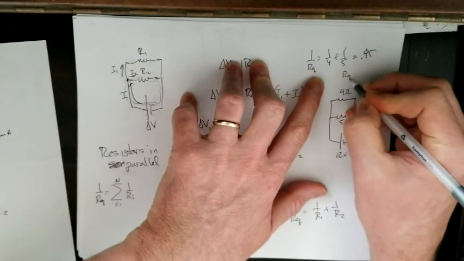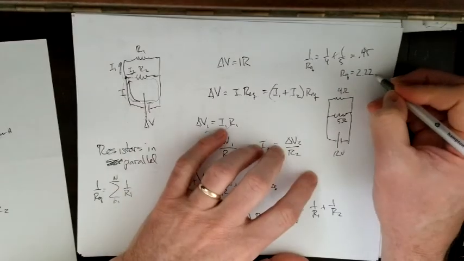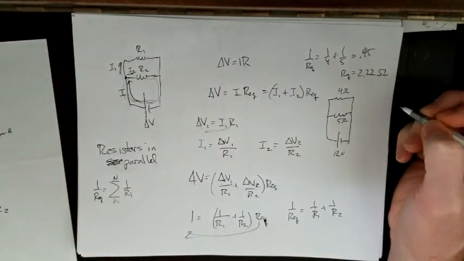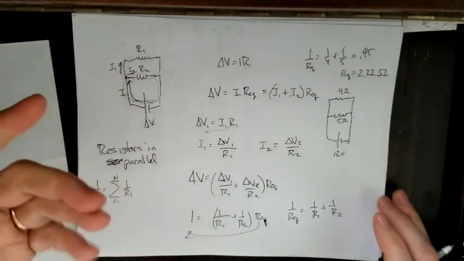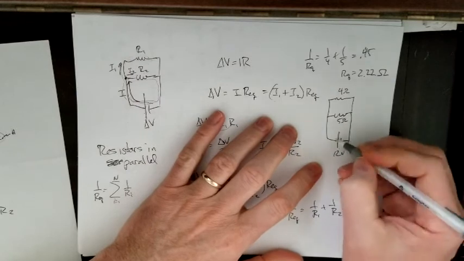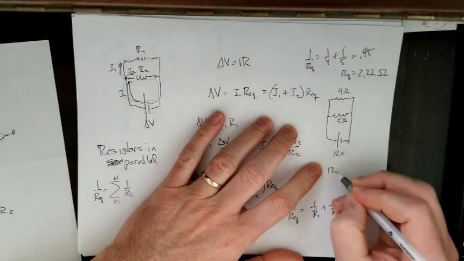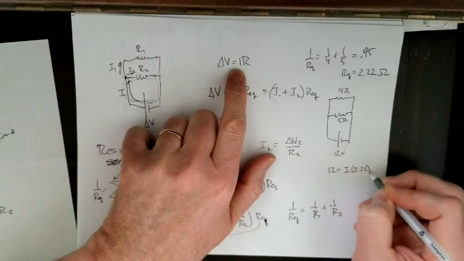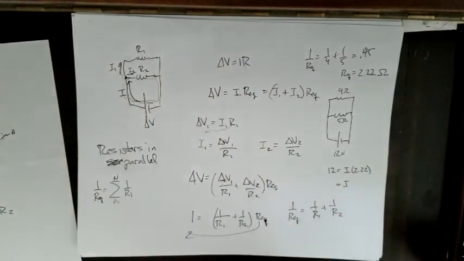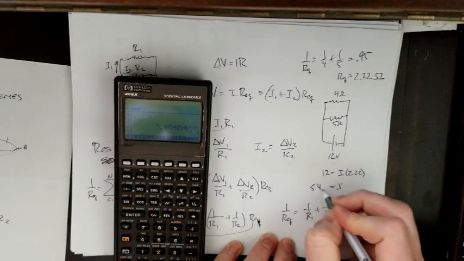And so my equivalent resistance is 2.22 ohms. We can now find the current flowing out of the battery. Plugging into this formula, 12 is equal to I times 2.22. So the current flowing out of the battery is 5.4 amperes.